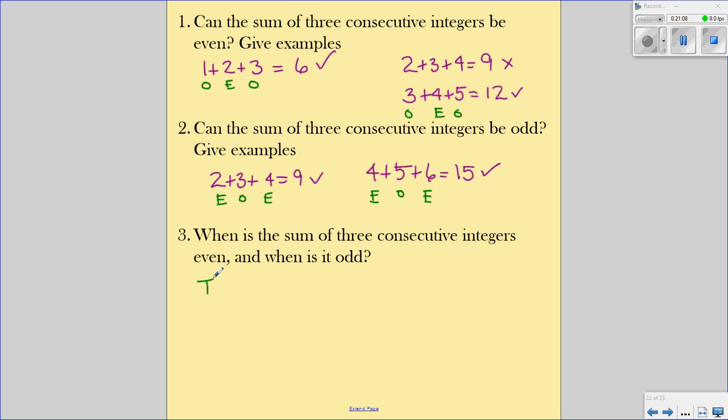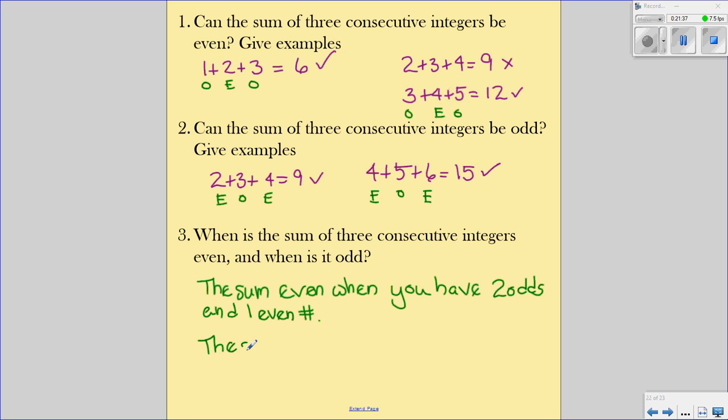The sum is even when you have, so the sum is even, make sure I got that, the sum is even when you have 2 odds and 1 even number.